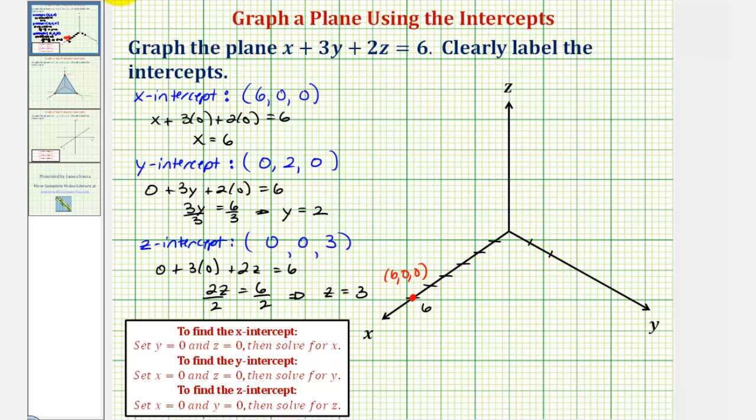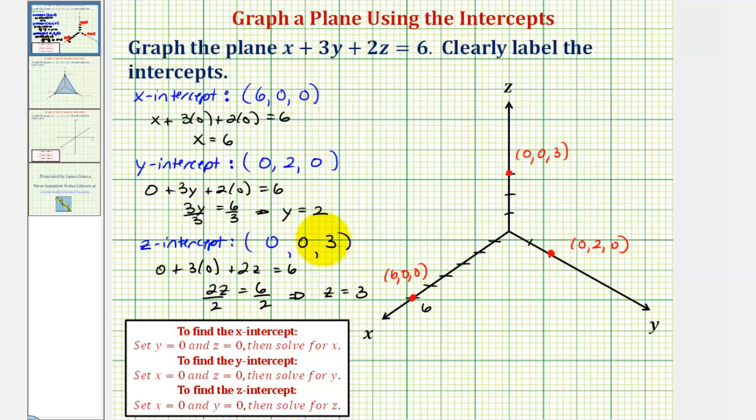The y-axis to here, this would be our y-intercept, (0, 2, 0). And finally, the z-intercept is the point (0, 0, 3). Here's the positive z-axis. So we'd go up 3 units. And this would be the z-intercept. And the coordinates would be (0, 0, 3).